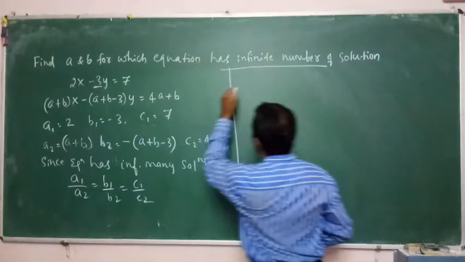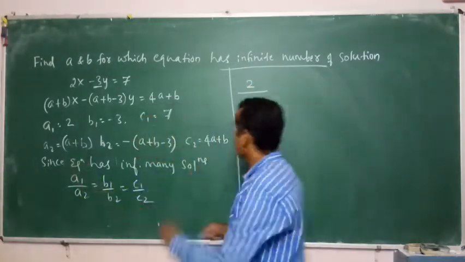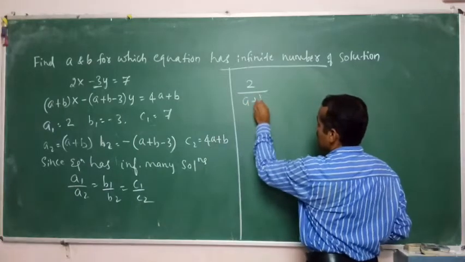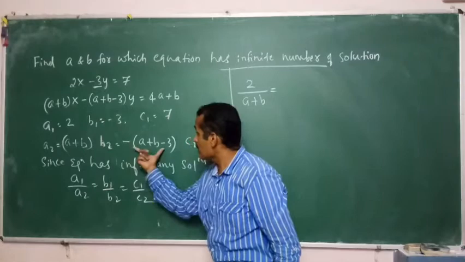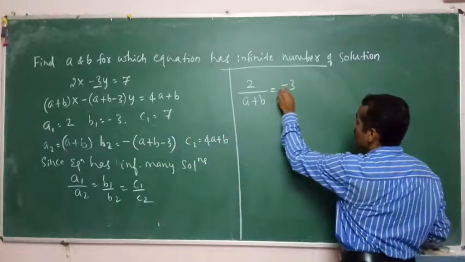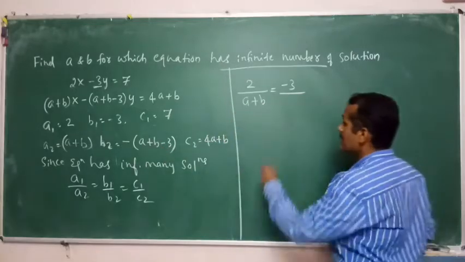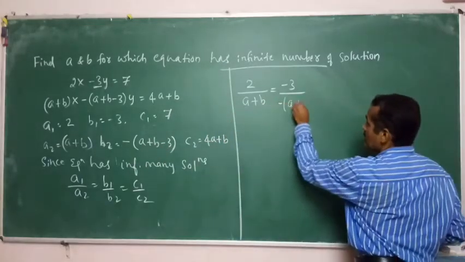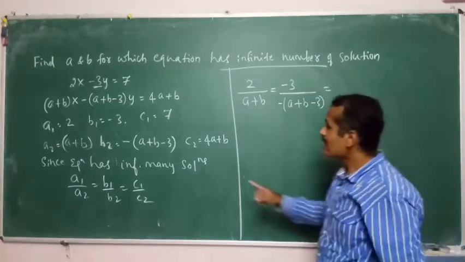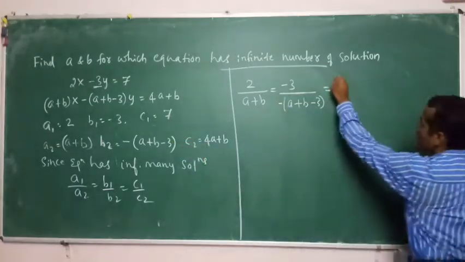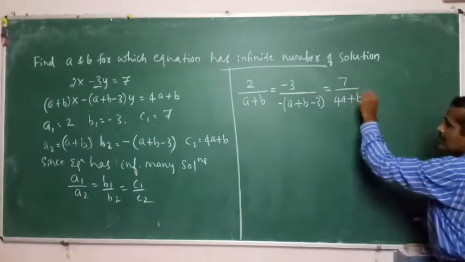A1, 2, divided by A2, A plus B, equals B1 by B2, it is minus 3 divided by minus into bracket A plus B minus 3, equals C1 by C2, 7 divided by 4A plus B.